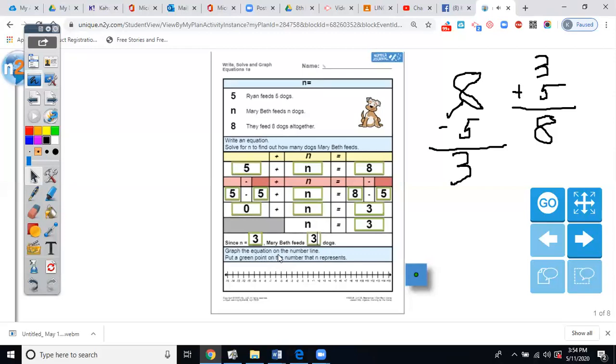So it says graph the equation on the number line. Put a green point on the number that n represents. Well, n is 3. And you're going to have to look really close because these numbers down here are tiny. Just put it as close as you can get it to the 3. And that's the 3 on the number line.